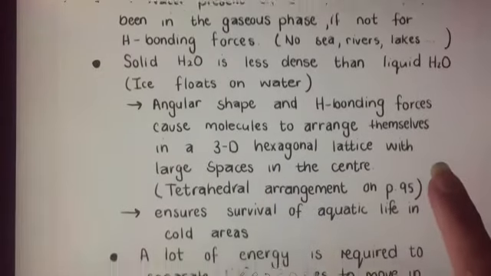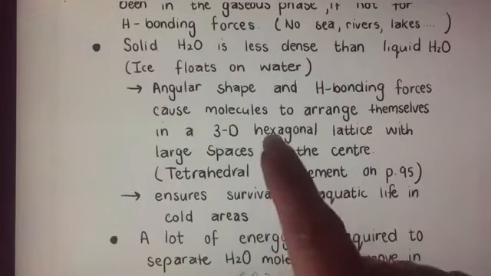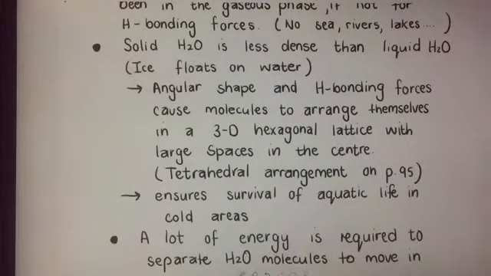In your textbook, on page 95, they talk about the tetrahedral arrangement, which you can take a look at as well. Because of this specific arrangement, solid water is less dense than liquid water.